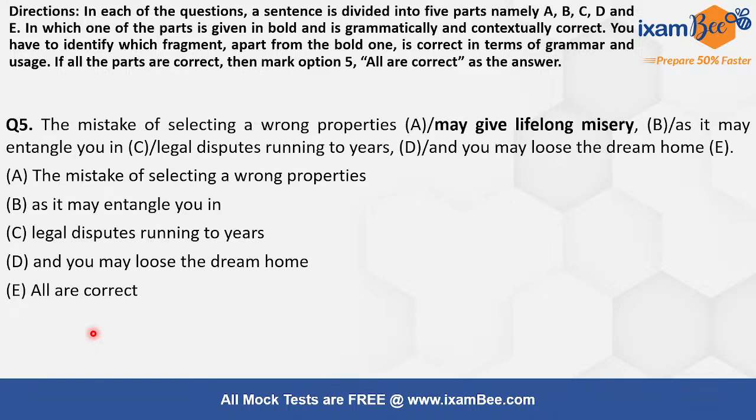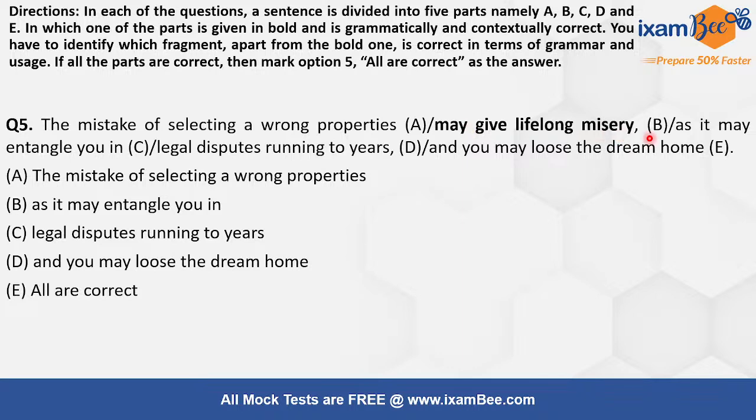So yes, now this one says the mistake of selecting a wrong properties, right? So a wrong properties does not make sense. Either the property will be singular, so it should be a wrong property, this is correct, or it should be wrong properties, right? So A is incorrect, alright.